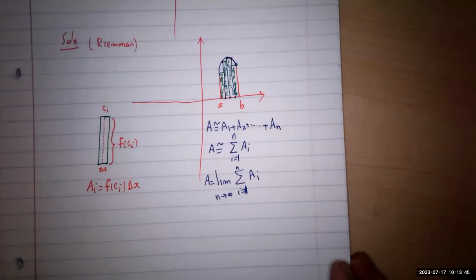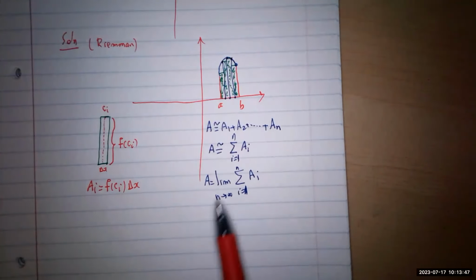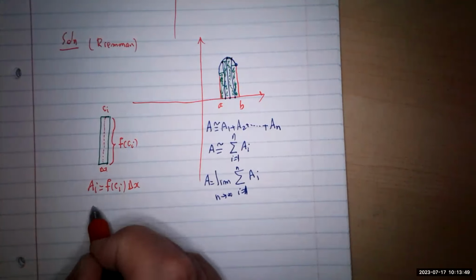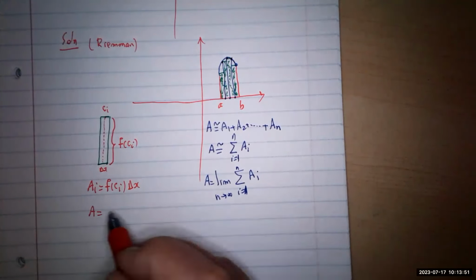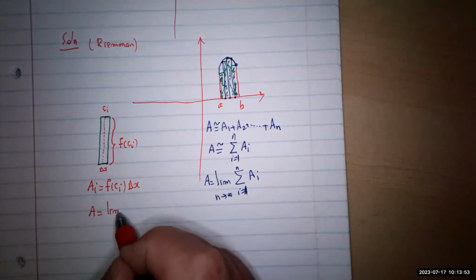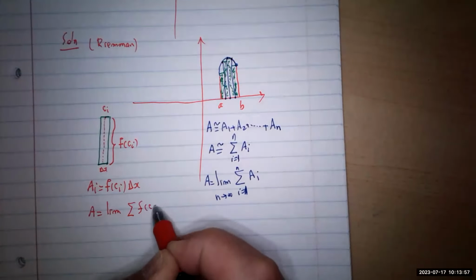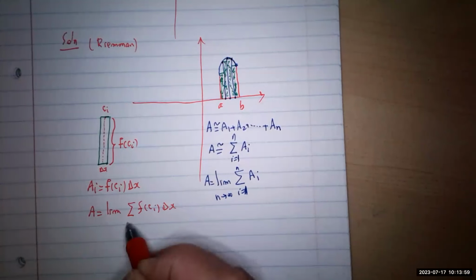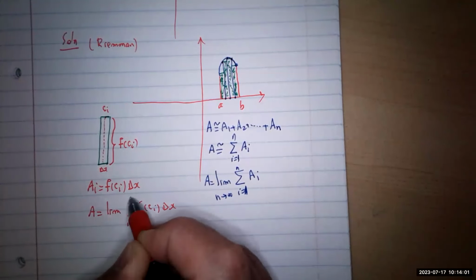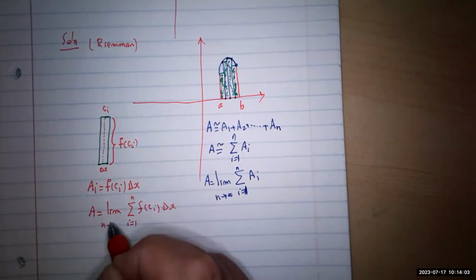And so basically, now your formula is going to be A is equal to the limit of the sum of f of ci times delta x, i from 1 to n, as n goes to infinity.